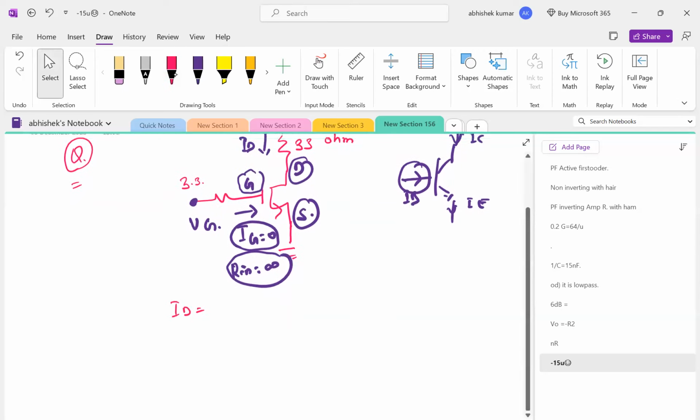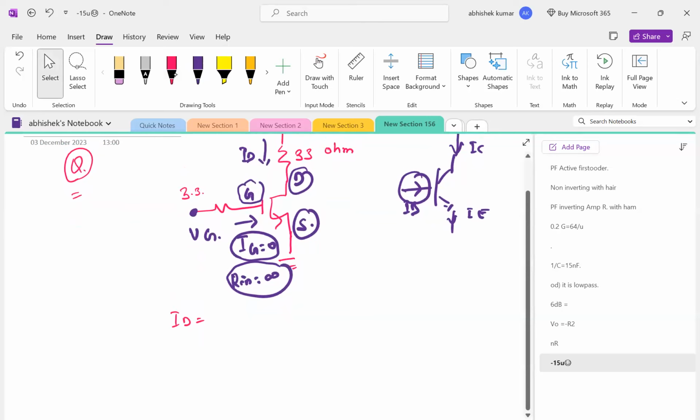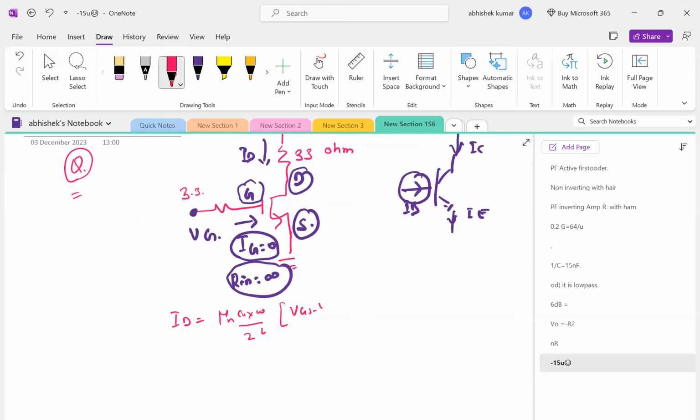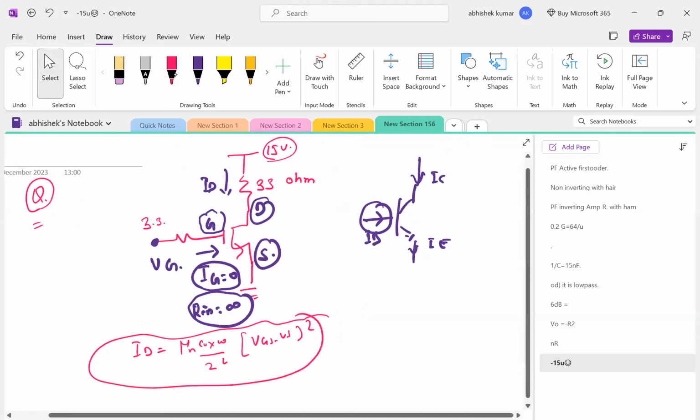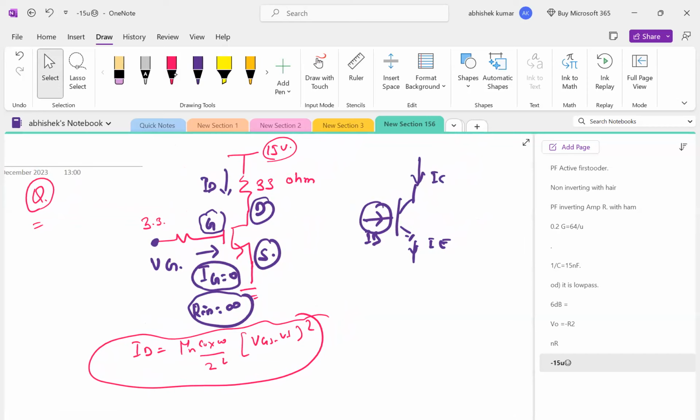In the saturation mode, our current is given by this value, with VGS minus VT. We are not having any parameter. Either they can give you the drain current so that we can proceed, or if it is a design, we can assume any value and proceed.